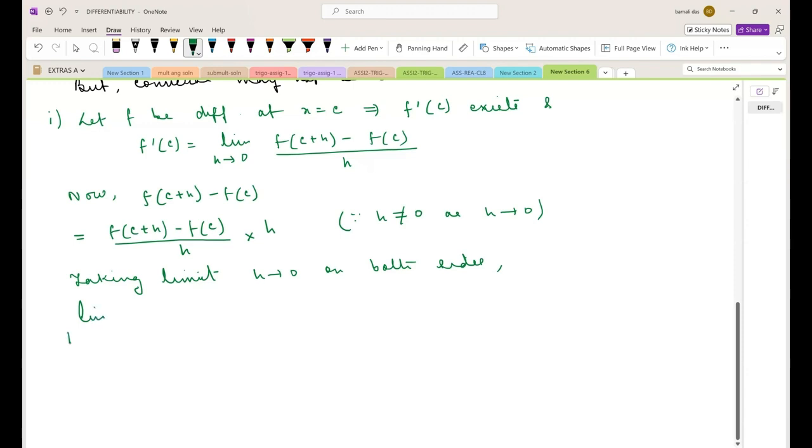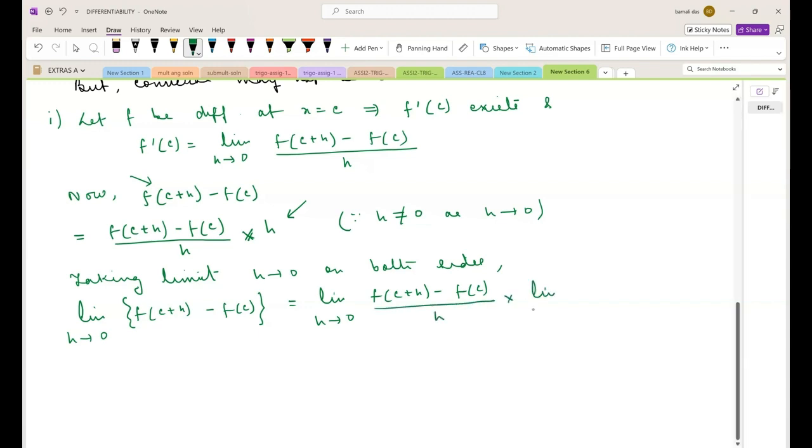The limit as h tends to 0 of f(c plus h) minus f(c), so that's the left hand side, equals the limit as h tends to 0 of the right hand side, but we split it into two limits from this multiplication sign. So, the limit as h tends to 0 of (f(c plus h) minus f(c)) by h, into the limit as h tends to 0 of h. So obviously this portion is 0, so the entire thing becomes 0.